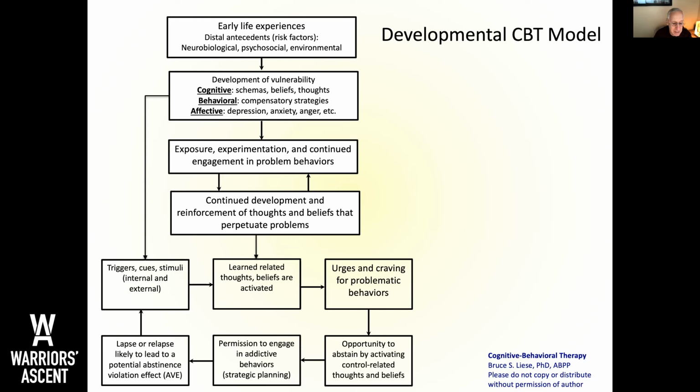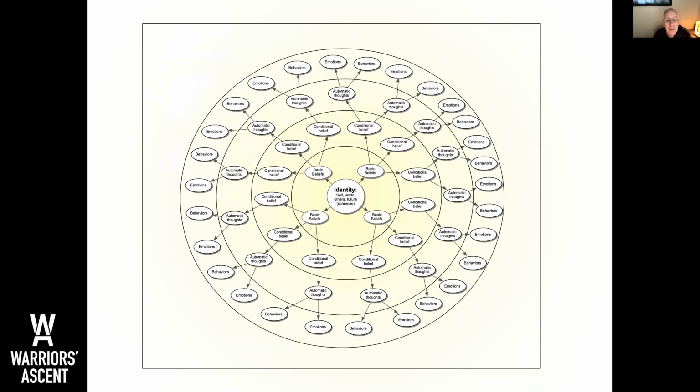So you see this is a vicious cycle on the lower left-hand side, but it was developed over time because of early life experiences that I just talked about.